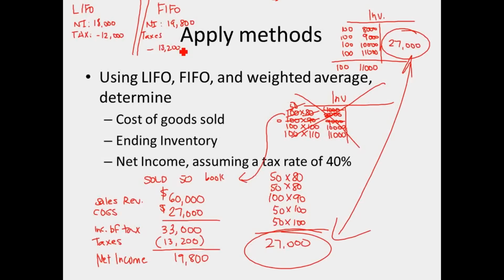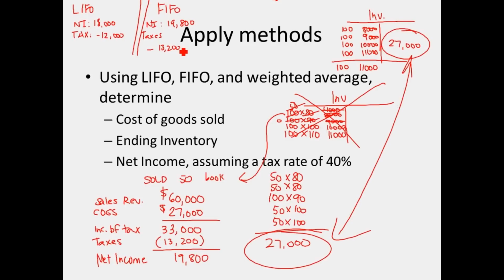Okay, here's the problem though. What if the company's not going to liquidate? And now investors are thinking, which company should I buy? And they only look at income. Now, as a shareholder, I can sell my stock for more if I have high income. I have the FIFO company, they're willing to pay more for it. Well, then I, of course, would like my managers to use FIFO.